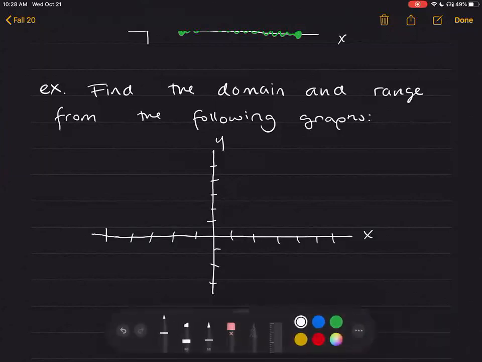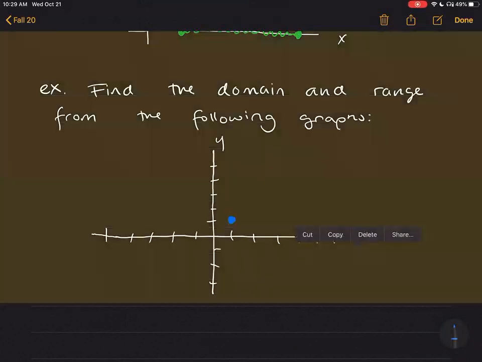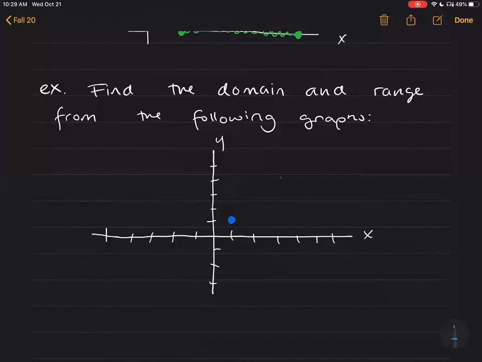Let's draw this graph. Let's start it here, and I want it to go up to 2, 3, here. Open circle, I'm going to draw a curve there. And then I also want a point here. Okay, so let's say we have this graph right here. Let's find its domain and range.